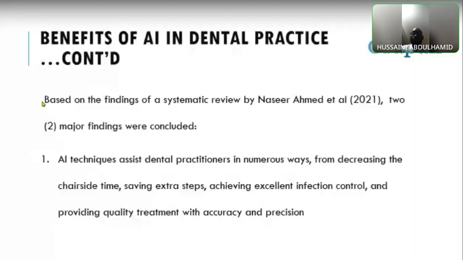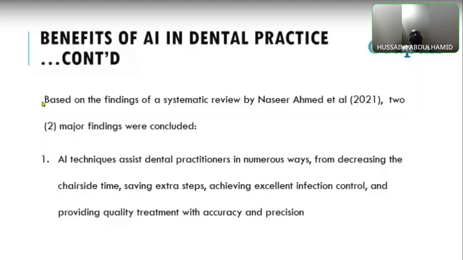So when you have other means of determining if the infection in the canal is completely eliminated, then someone can proceed with a single visit canal treatment. So this might not be achieved without extensive computers that can help you in this diagnosis.